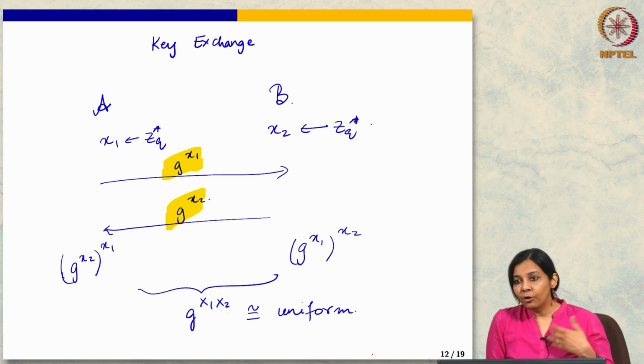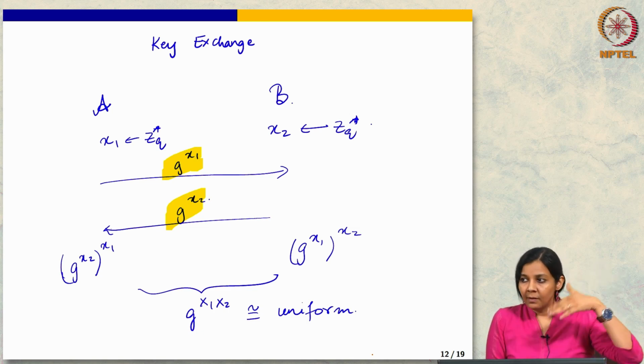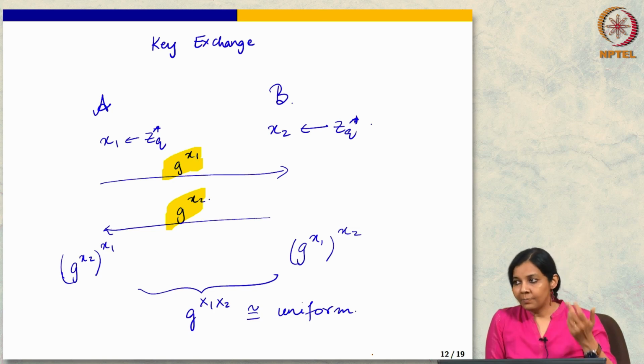Basically what you would need to do is just define what the security game should look like. For a passive attacker who only sees the messages that are being sent, we should be able to argue that the key that is generated is completely random from that person's view, and this is given directly by the decisional Diffie-Hellman assumption. So, we will just keep this informal.